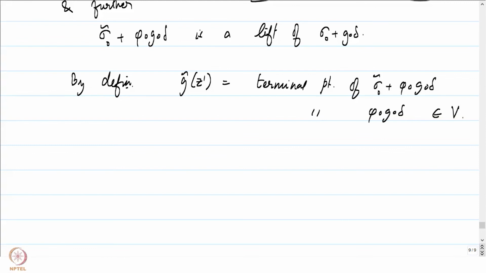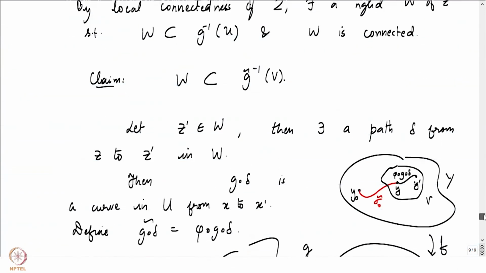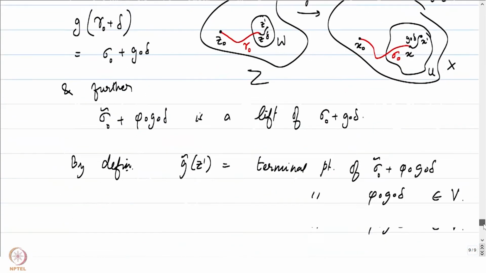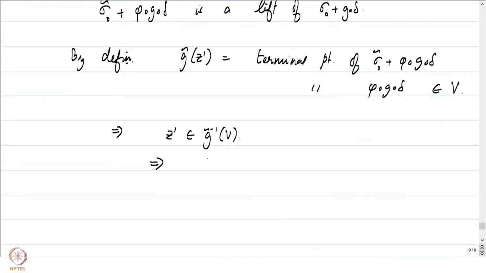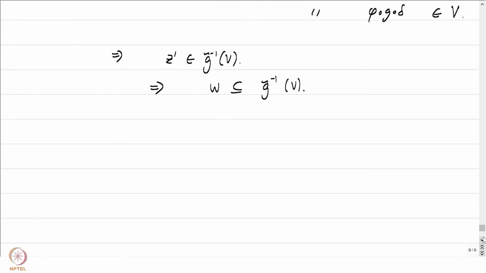Phi is after all a map from U to V, and therefore this is going to be in capital V. In particular, z prime belongs to G inverse of G tilde inverse of V, and that's precisely what we were trying to prove. We took an arbitrary point, and hence W is contained in G tilde inverse of V.